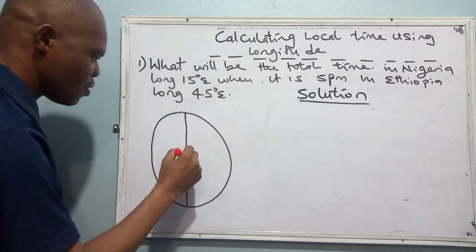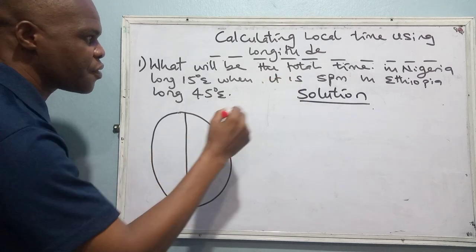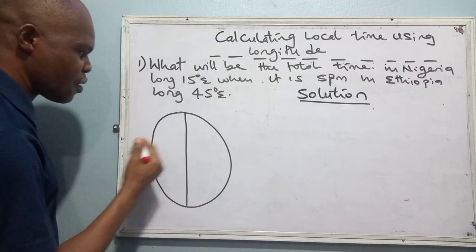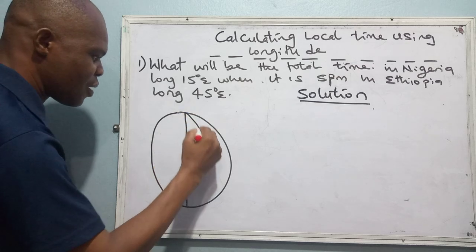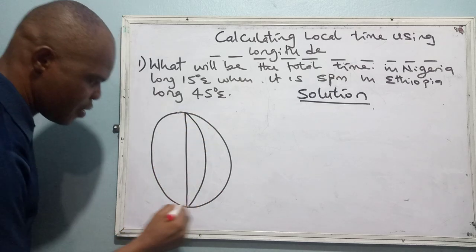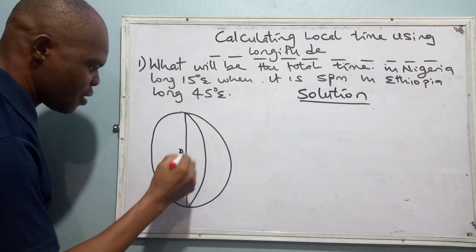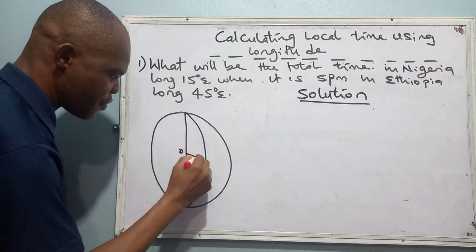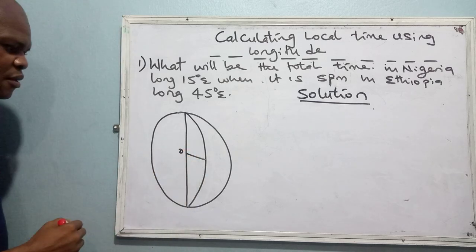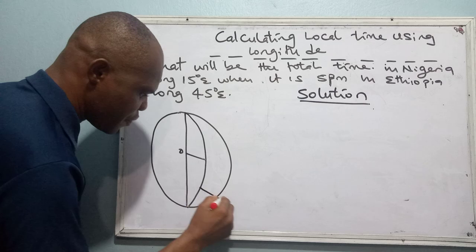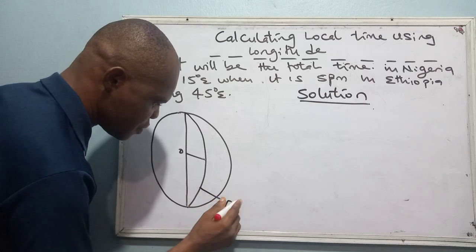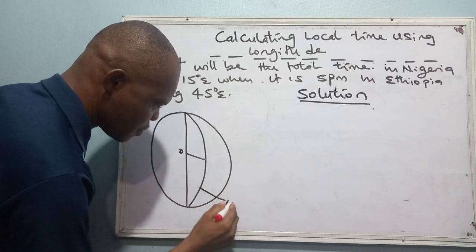If we measure 15 degrees east, this is our east, this is our west, we draw our line there. From 0 here, we draw our line representing that. So this is our 15 degrees east.